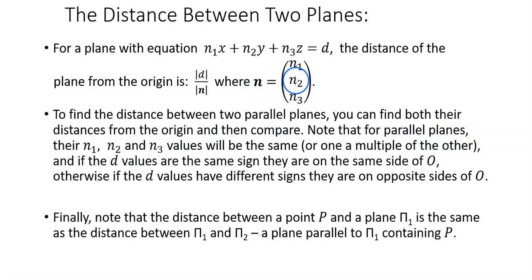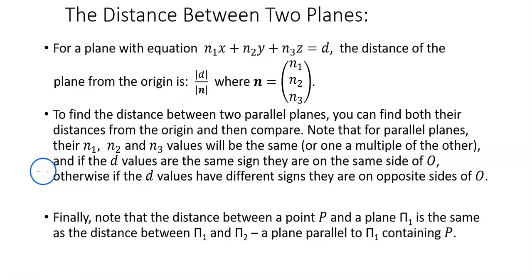If a vector n is normal to one of the planes, it has to be normal to the other if they're parallel. Or we could say one is a multiple of the other, but you can just take the equation of the second plane and divide it by whatever multiple of the first n1, n2, n3 it is, and then you arrive at the same n1, n2, and n3 coordinates for both equations.